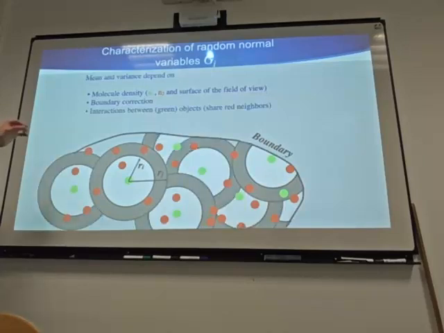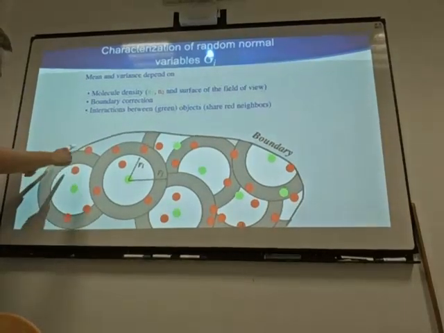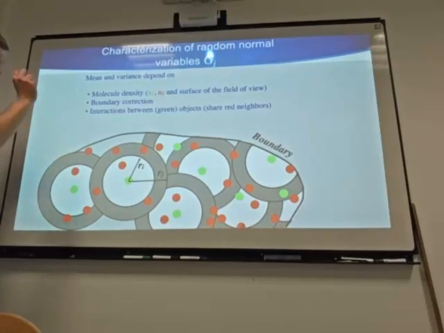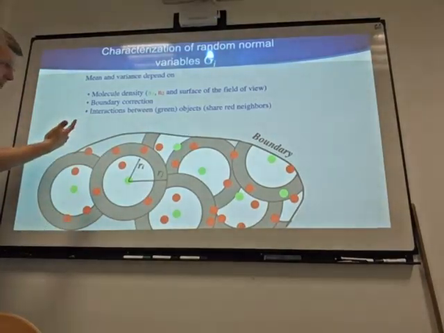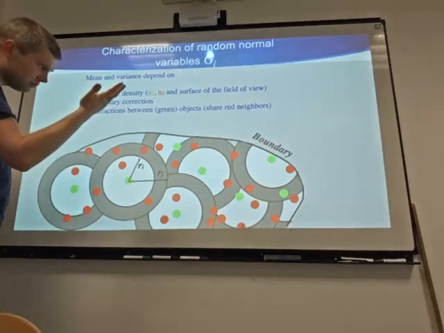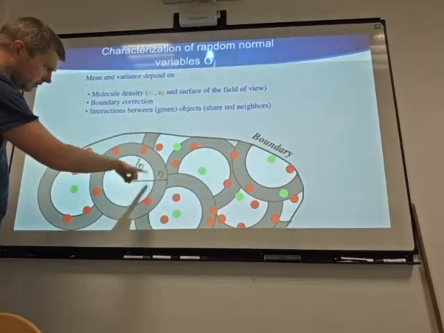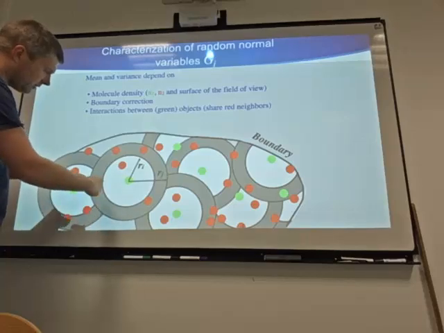And here, you're going to have some interaction between green objects. So when greens are very close, their rings, or annulus, are going to overlap. And so you have to account for this, especially in the variance. Typically, let's say that by chance you have a lot of spots here, and these two spots are very close together.